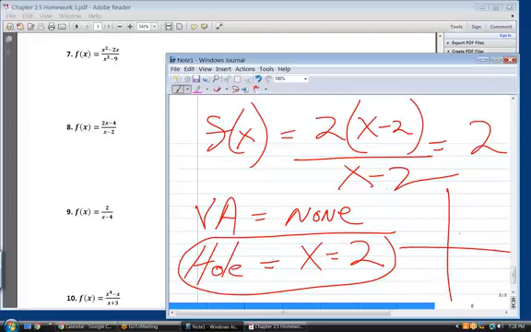So this function, f of x equal 2, is a horizontal line with a hole right there. So always check to see if you can factor it. I mistakenly saw that none of these appear to factor, such that you can cancel stuff out. But I was wrong, because this one does.